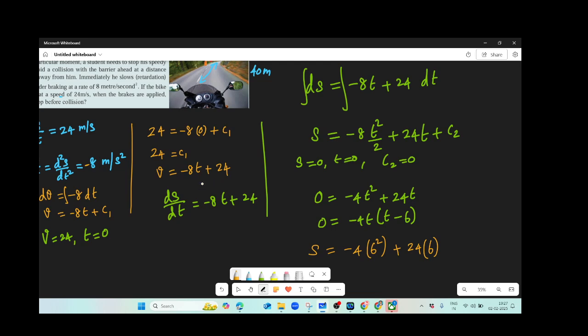I'm sorry, here I made a small mistake. If velocity becomes 0, the bike will stop, correct? So when velocity is 0, the bike will stop. When you put velocity 0, 0 equal to minus 8t plus 24.